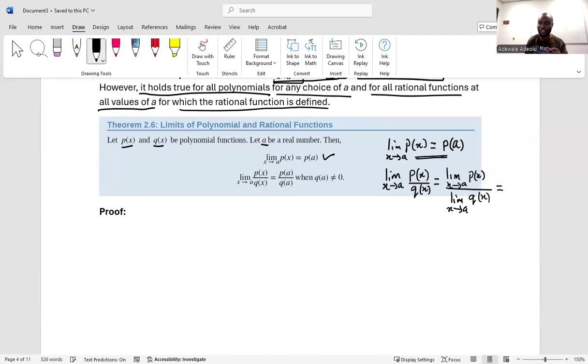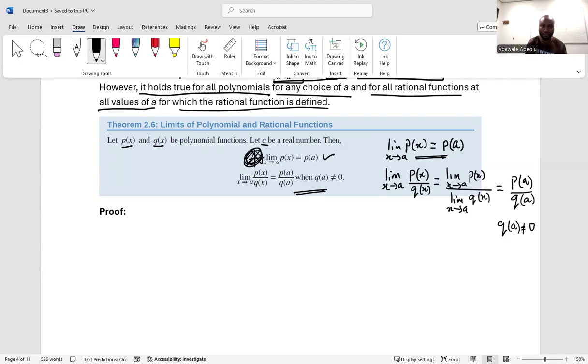And from here, I will claim that this is P of a and this is Q of a. Of course, our Q of a cannot be 0. So we have this.